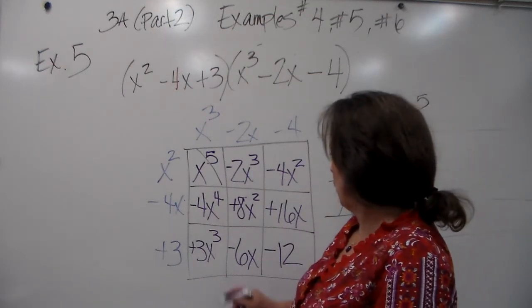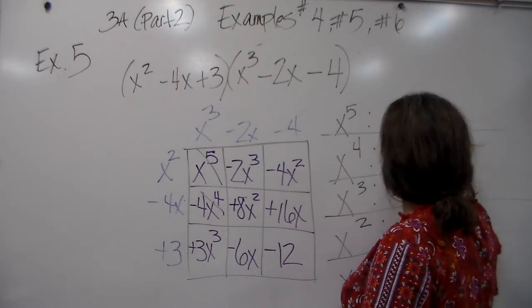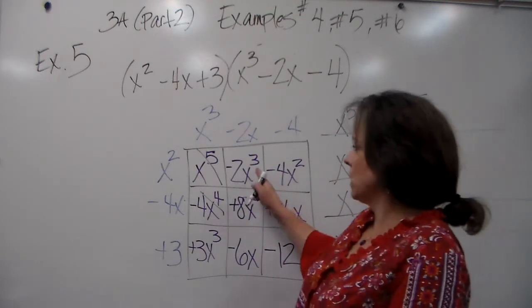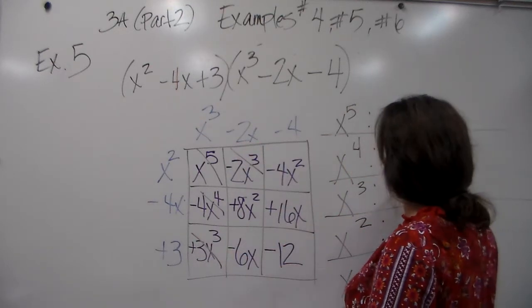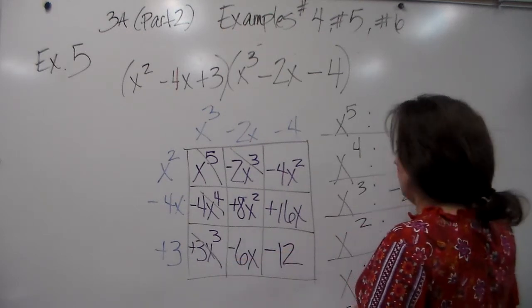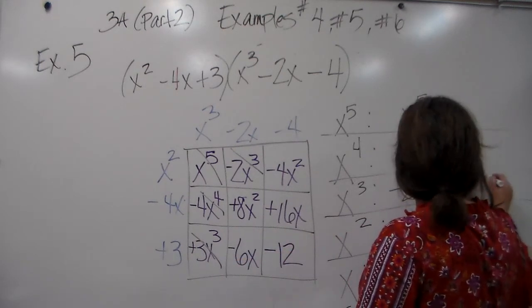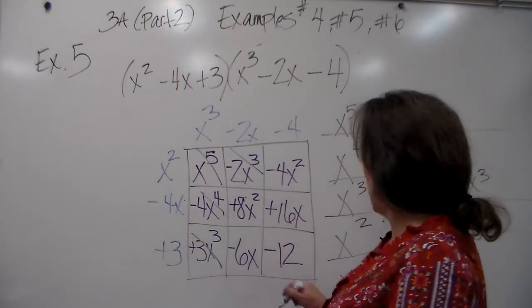For our x to the 4th terms, again, we just have one of them. For our x cubed terms, we actually have 2 of them. So we're going to take that negative 2x cubed and positive 3x cubed, put those in that row. Then we have our x squared terms.